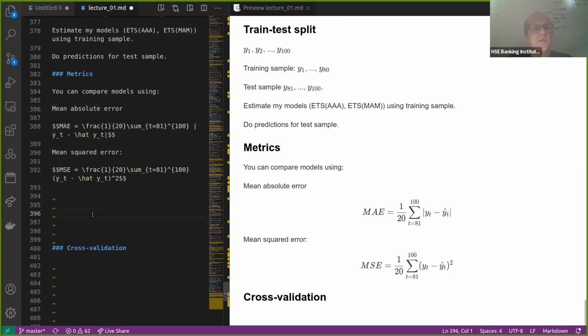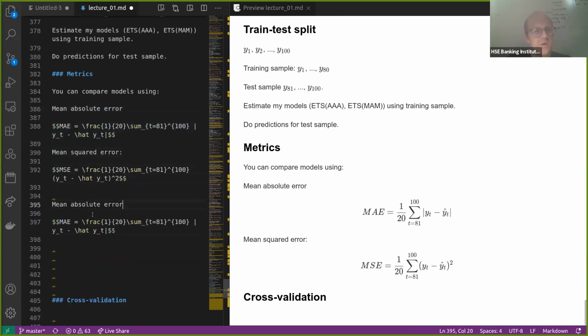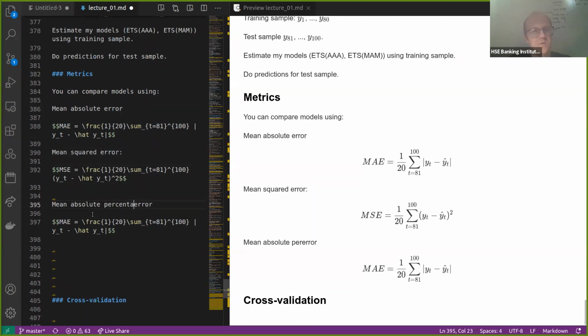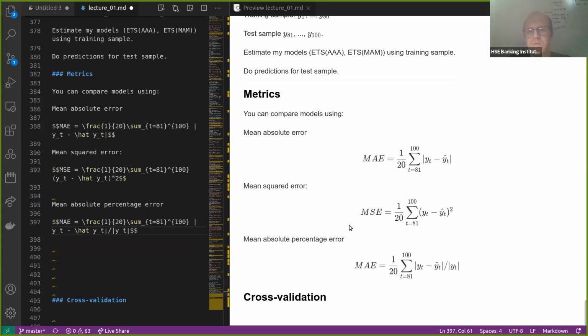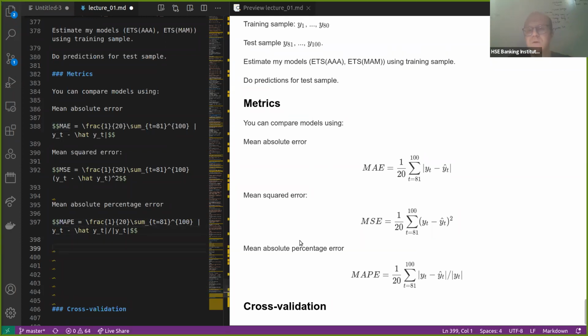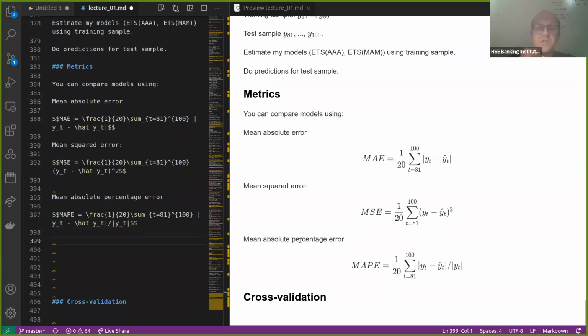Yeah, you can use mean absolute percentage error. Here we divide by y_t, so we may compare in percentage. There are some problems with it, because if y_t is very small, for example if y_t happens to be 0, you have infinite mean absolute percentage error.